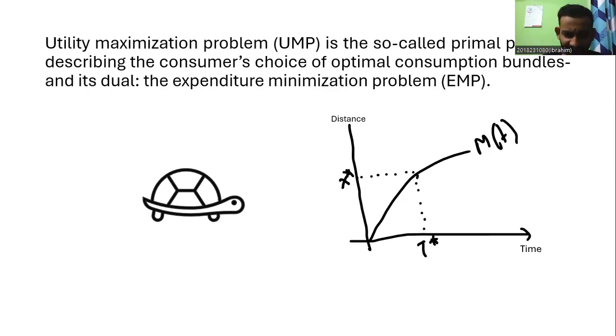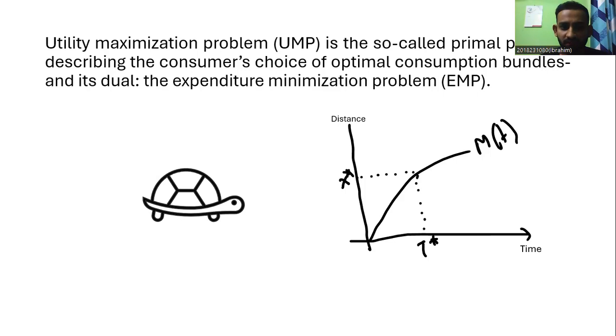Here the graph illustrates an example, which is a turtle. We present the turtle's distance x traveled by time t. In the graph, we can see that m(t) is the function. The turtle can travel x star distance by t star time.